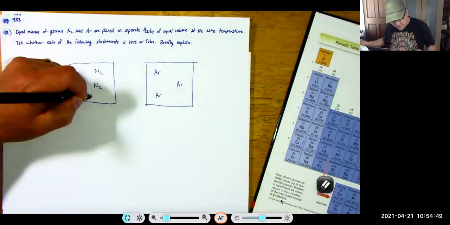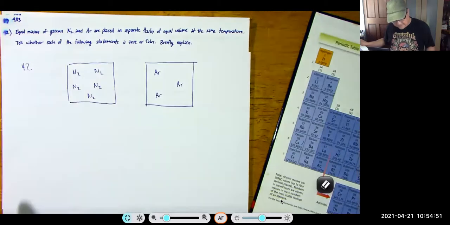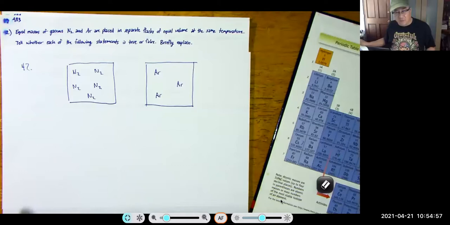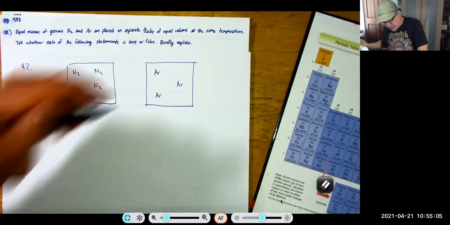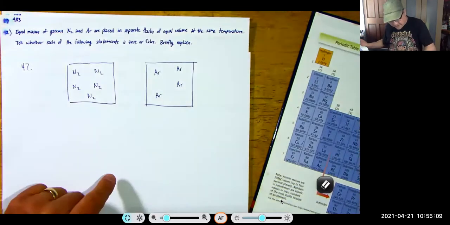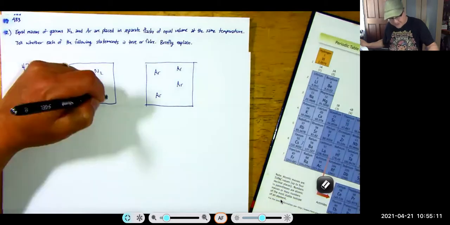So what's 5 times 28? 140? Yeah. Okay. So I'm going to add one more argon because these are 40. Actually, and one more nitrogen. So what's 6 times 28?